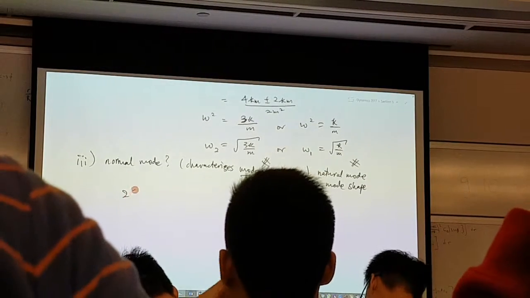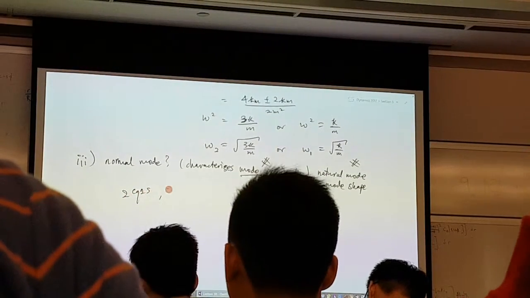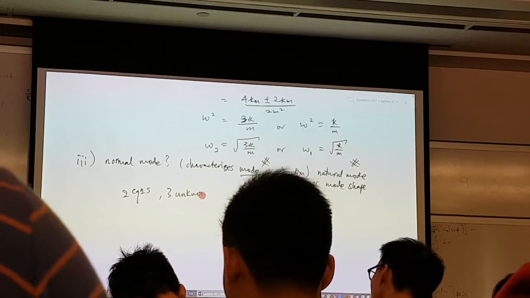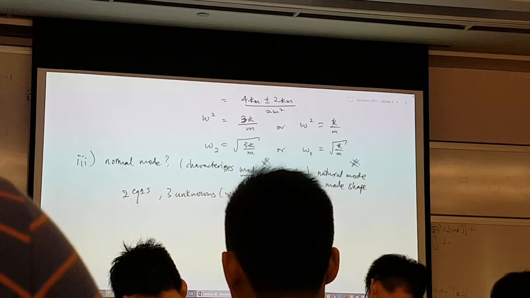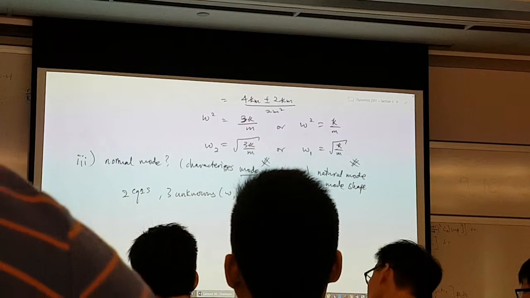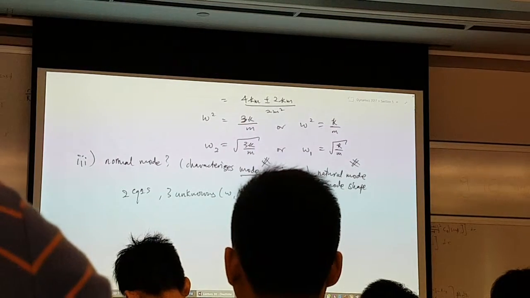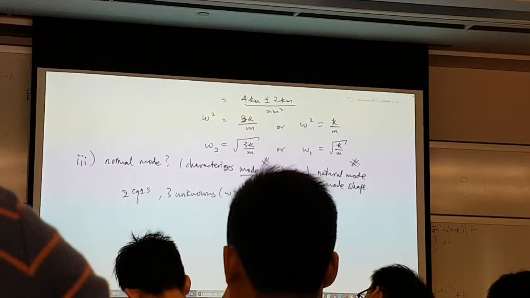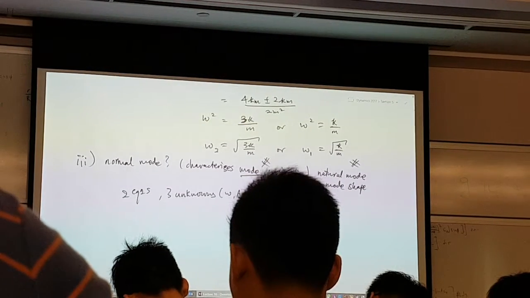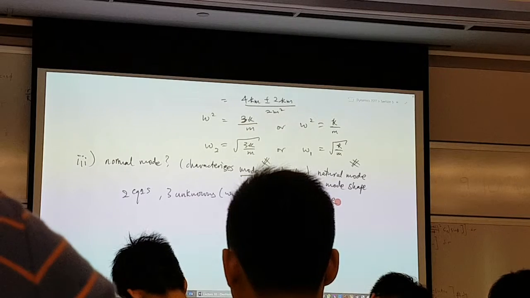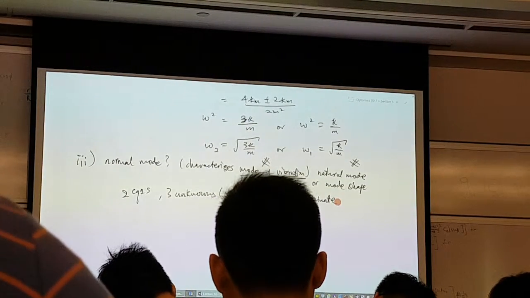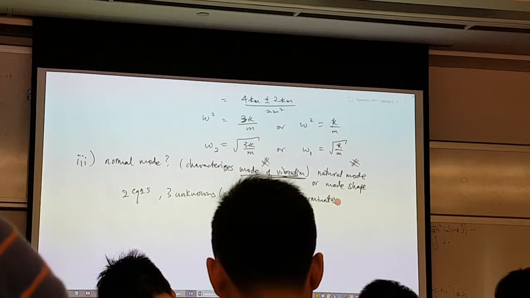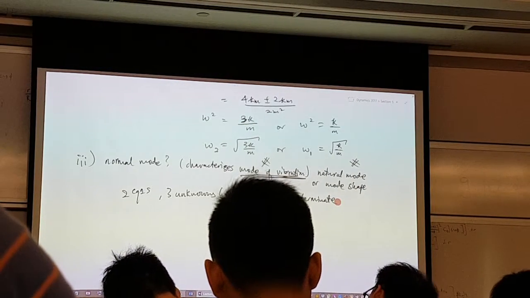So 2 equations, 3 unknowns, which are your omega, A1, and A2. That means this is an indeterminate equation. It cannot be determined. 2 equations but 3 unknowns, so it's called indeterminate equations.